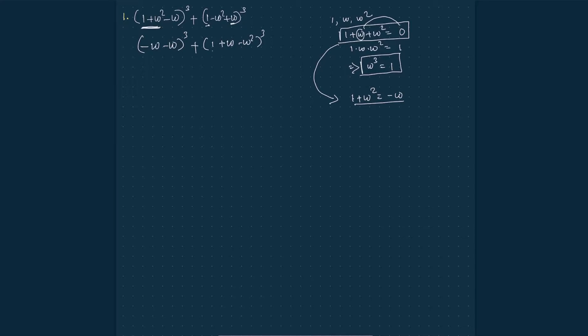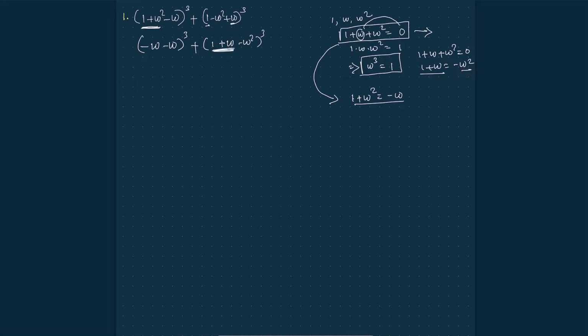Now we need 1 plus omega. From this formula again you can see that 1 plus omega plus omega square is equal to 0. So 1 plus omega is equal to minus omega square. So I can replace this by minus omega square.